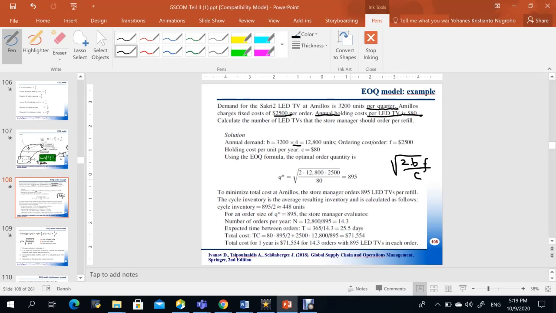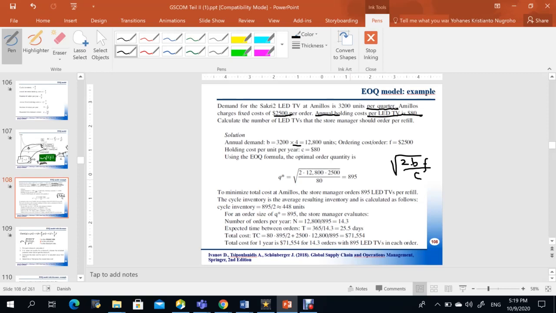For order size at 895, the number of orders per year equals how much? 12,800 divided by 895, because 12,800 is the total demand in a year, divided by the economic order quantity, meaning how many times in a year the company will order.